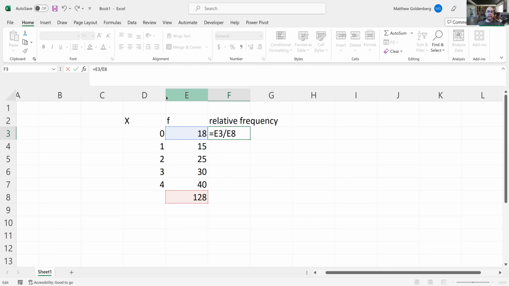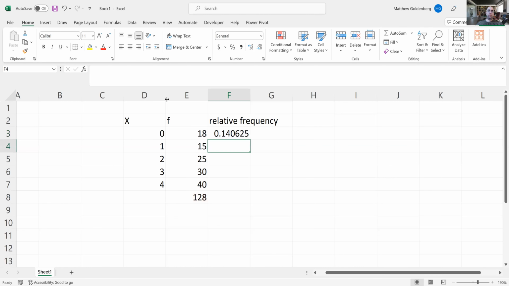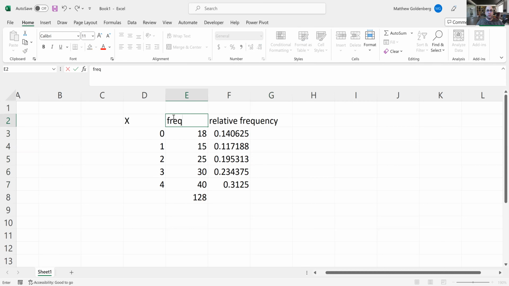I'm going to set E8 fixed, so a dollar sign in front of the E, a dollar sign in front of the 8, hit enter. And then I'm going to roll this formula down. All right, so you may be relatively familiar with this. This is frequency, and this is relative frequency.